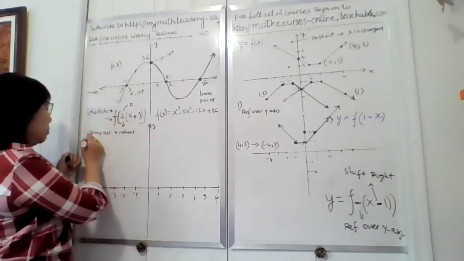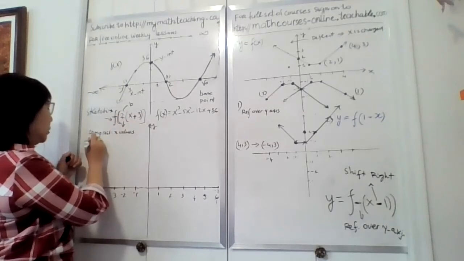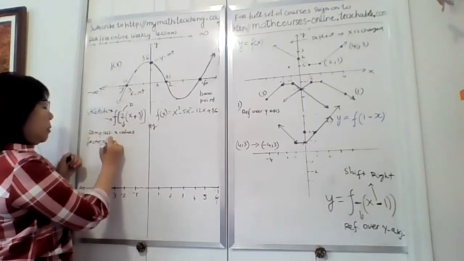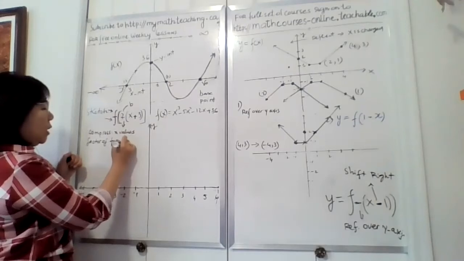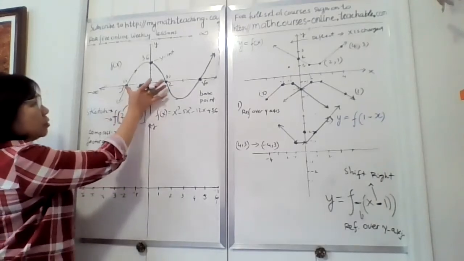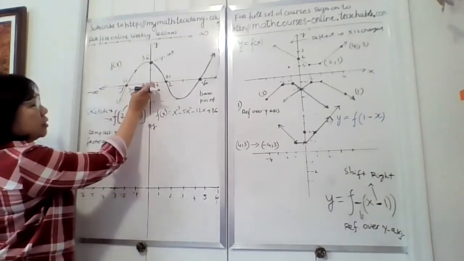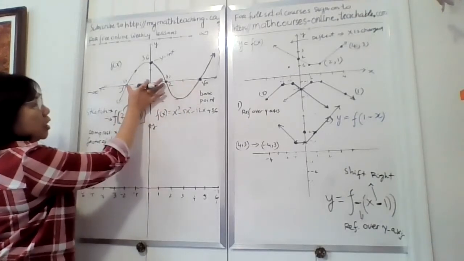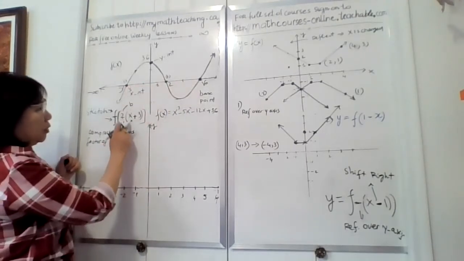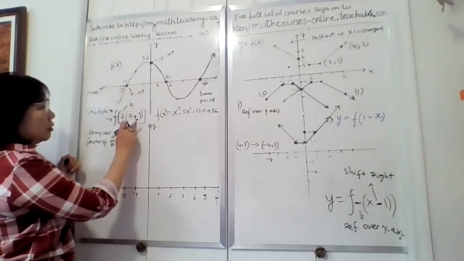And this compression is based on a factor of 1 over b, which is 1/2. So the x coordinate will compress halfway. Instead of large like this, it will be small, right? For the x.